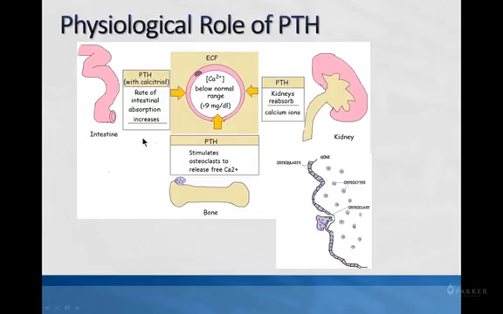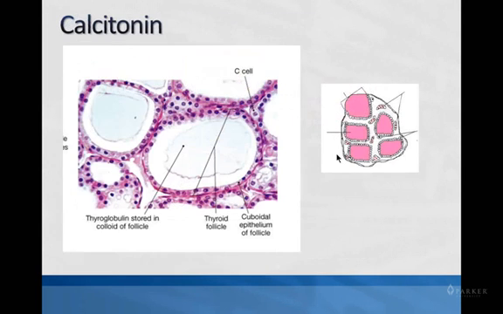But it's mainly through its effects on vitamin D. Because remember, in the kidneys, parathyroid hormone stimulates the formation of calcitonin. So calcitonin is the one that's really increasing the absorption of calcium across the GI tract. So it's parathyroid hormone with the calcitonin that increases the intestinal absorption of calcium. But what it also does, I'm going to go back.